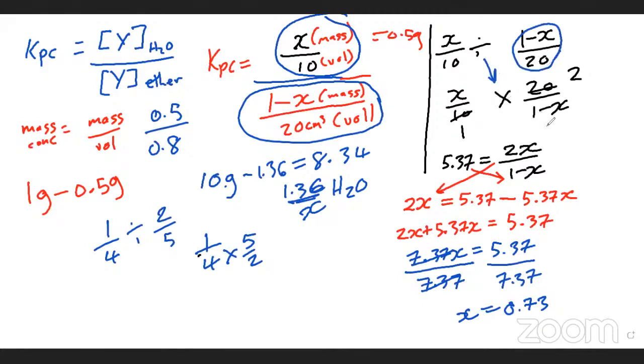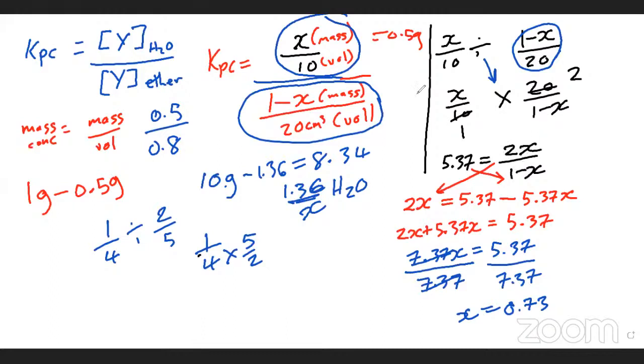Once you do that, if these two have any numbers in common, you can simplify it. So 10 can go into 10 one time, 10 can go into 20 two times. Then I just multiply the top: 2 times x, that is 2x. So what I'm left with is 2x divided by 1 minus x.